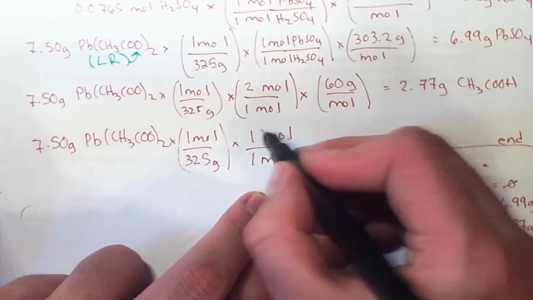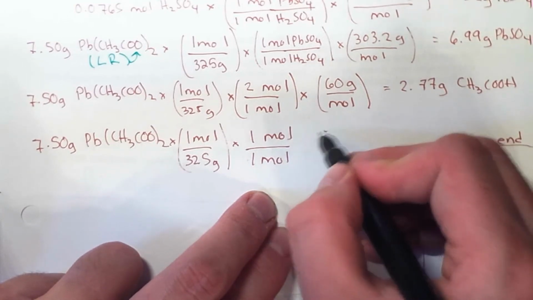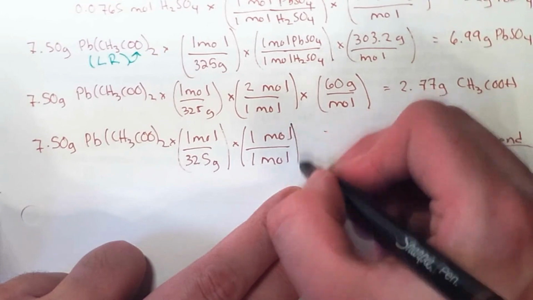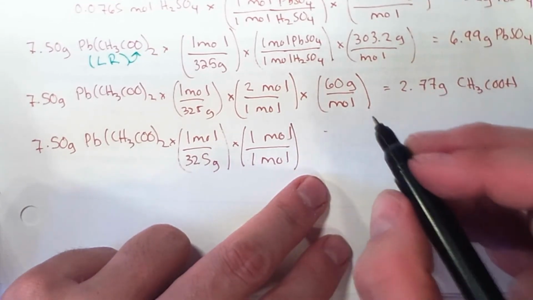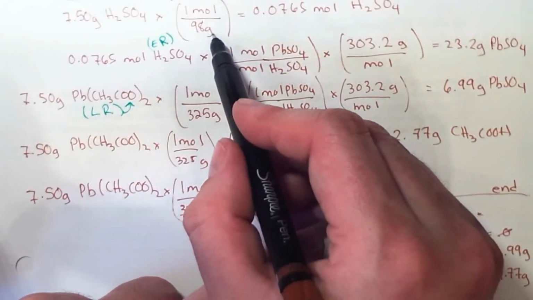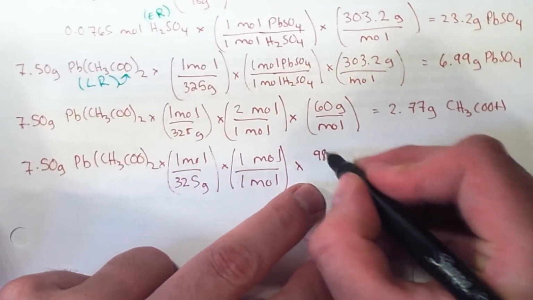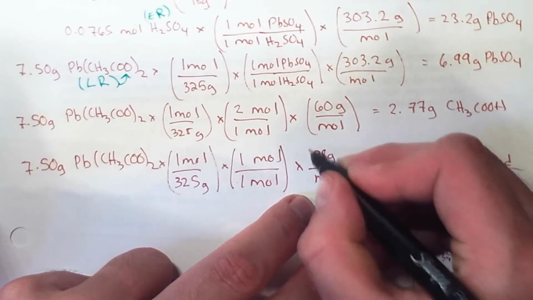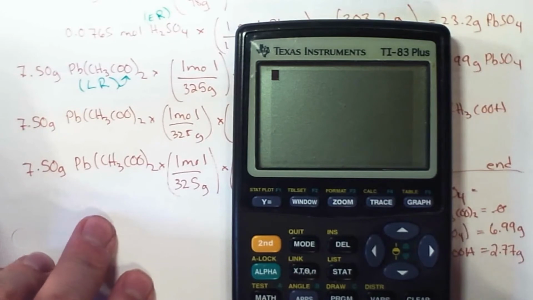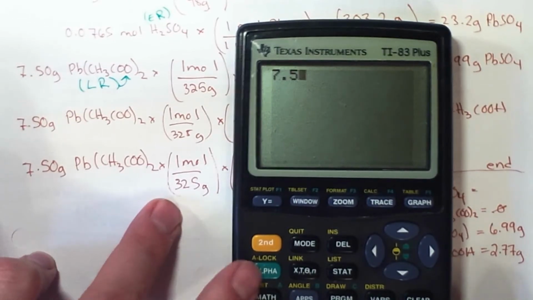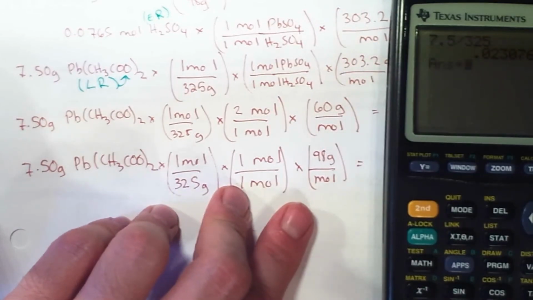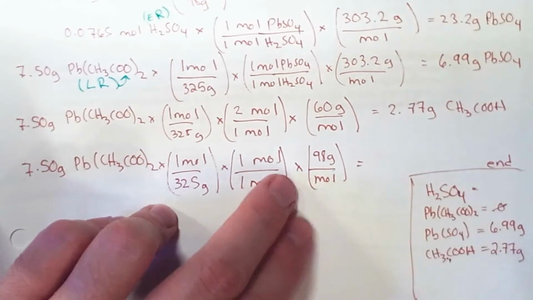I should be probably writing out 1 mole of sulfuric acid over 1 mole of lead acetate, but I'm just doing that as we go along. Sulfuric acid, I already did the molar mass of it up here, so it's 98 grams per mole. Let's see what we get. 7.5 divided by 325 times 1 over 1 times 98 is 2.26 grams.